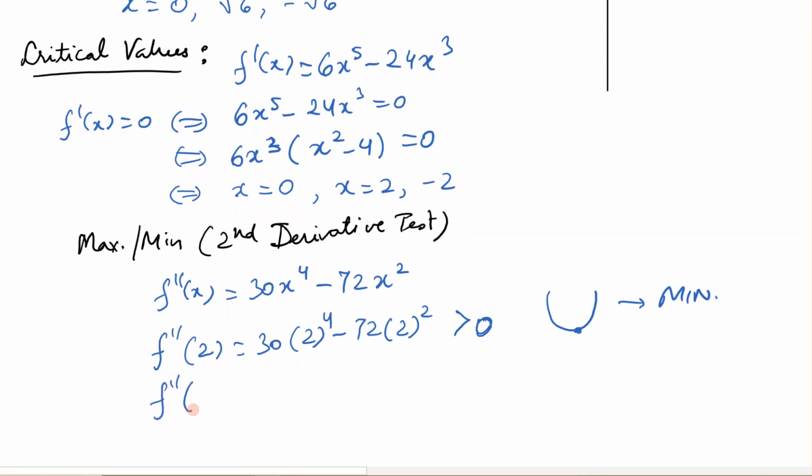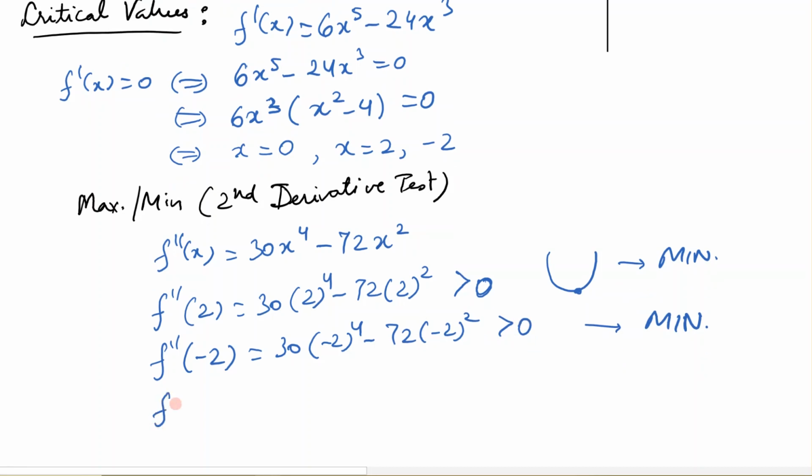Similarly, if you check at the other critical value negative 2, plug into the second derivative and again you get a positive value. So again we get a point of minima because again it's concave up. And lastly, if I choose my third point 0, I see that 0 minus 0, which is 0, so now our second derivative test is inconclusive.